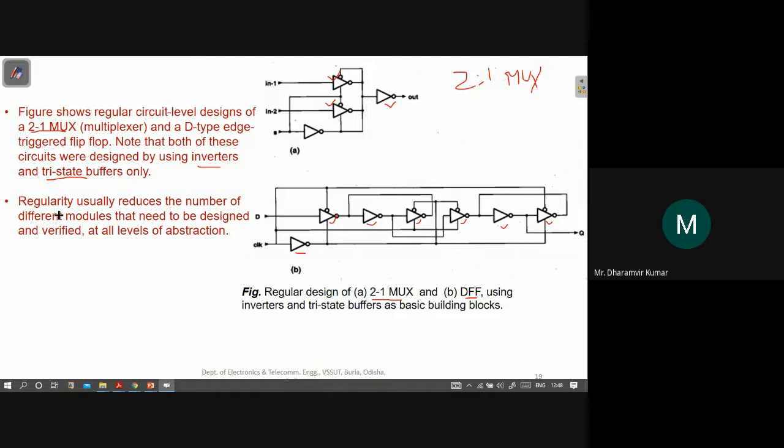Regularity usually reduces the number of different modules that need to be designed and verified at all levels of abstraction. So when we use similar kinds of blocks, it also simplifies the whole process at all levels of the design process.